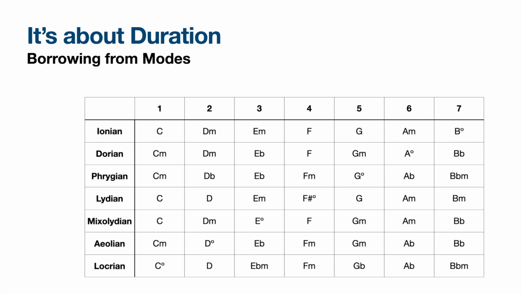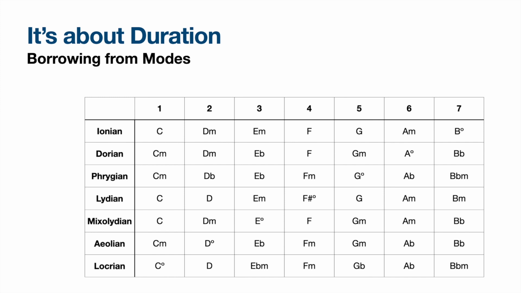If I do my mode in Ionian, so my major scale, my 1, 2, 3, 4, 5, 6, 7 chords, those are my options. In Dorian, my 1 is now minor, my 5 is now minor, and you can see how, because of the shifting half steps, everything's moving over to the left.